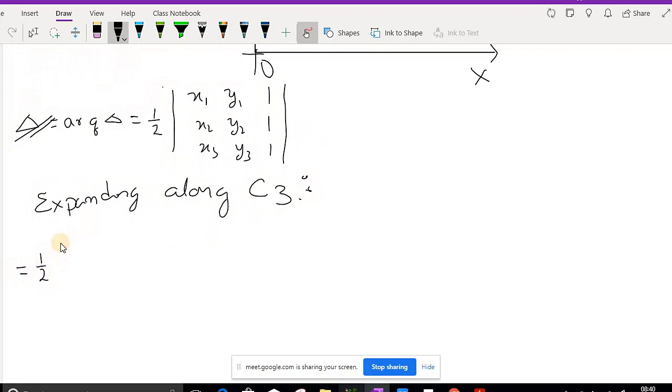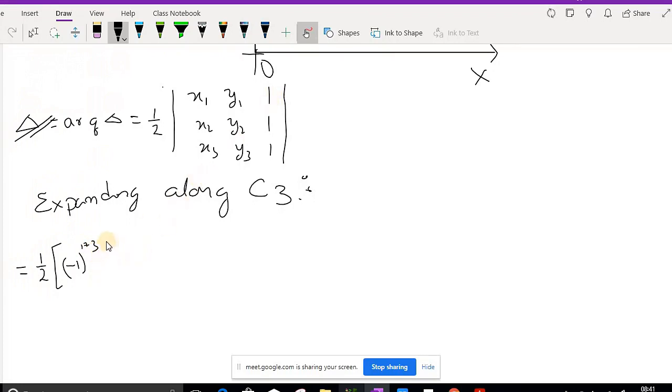So expanding along column 3, what you will get is this. 1/2, I'm not going to replace it. So C3 means a13 position, so this will be -1 to the power 1 plus 3, which is 4.